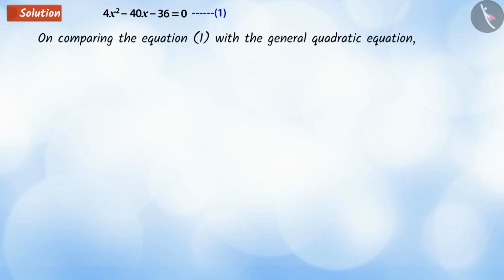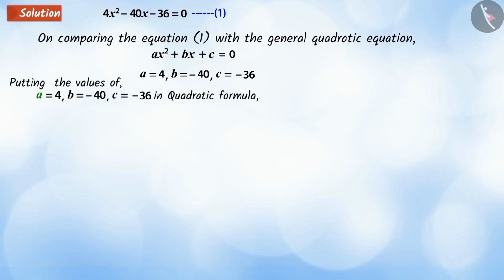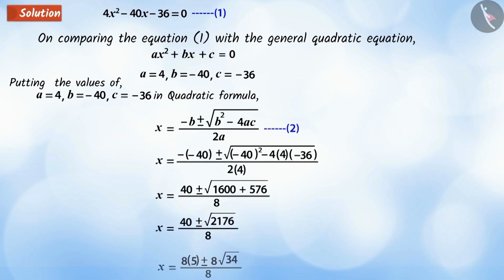Well done. For this, compare equation 1 with the general quadratic equation, where a equals 4, b equals minus 40, and c equals minus 36. Place the values of a, b and c in the quadratic formula, that is in equation 2, and solve.